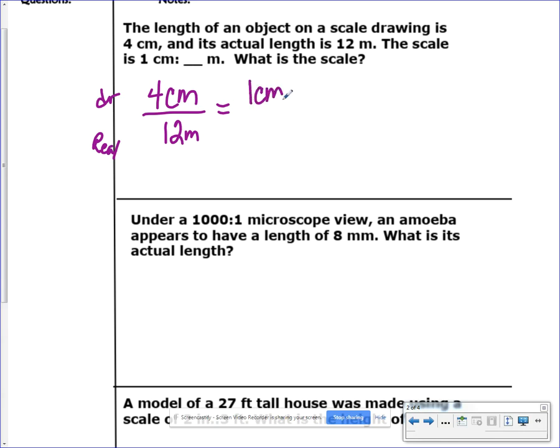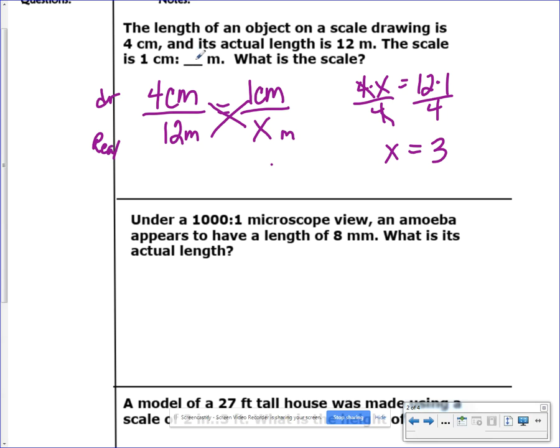I'm asking you 1 centimeter represents what there in meters? Go ahead, cross multiply. Some of you might be able to see this, or you're solving it another way. Boom, just show me what you're thinking and give me your final answer. When I divide both sides by 4, I get x is 3. So the scale is 1 centimeter to 3 meters.